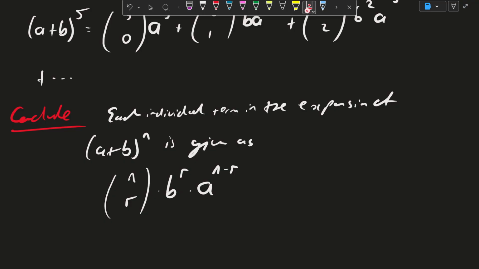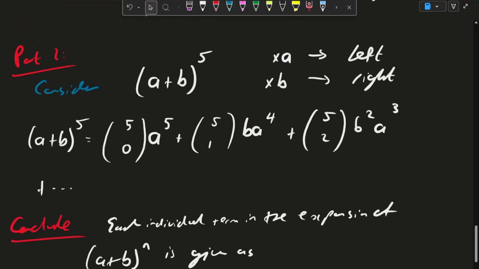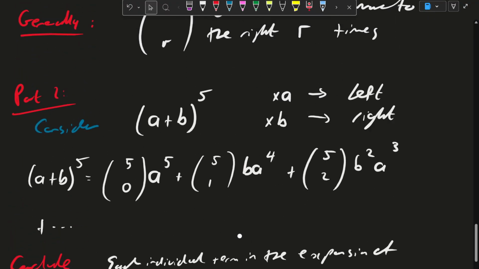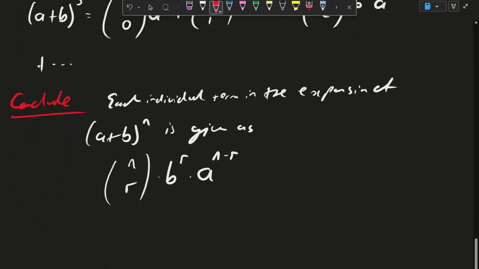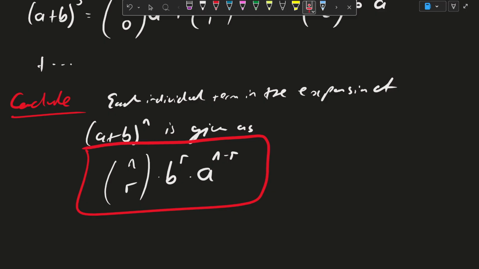Now, note that this power of n minus r is there so that these two will add up to the amount of times that we move, or the row number that we end up on. So n minus r plus r gives us n, and note that in each of these terms that is true. So we have a 5 and a 0, 4 and a 1, 2 and a 3. They all add up to the individual row number. And a sum of these will give you the full binomial expansion of anything that you want.